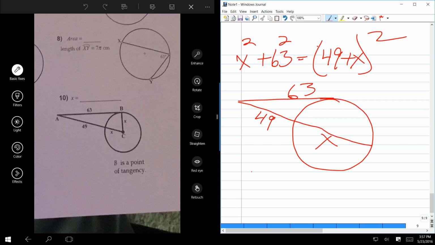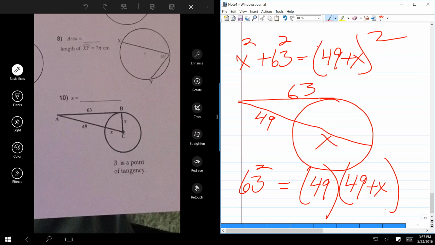So in my 49x equals 63 squared. 63 squared equals what? 49x. No, here's what it is. It's 49, the part that's outside the circle, times the length of the entire secant line. Oh, okay. In other words, let's make these reasonable numbers so that we can talk about them.